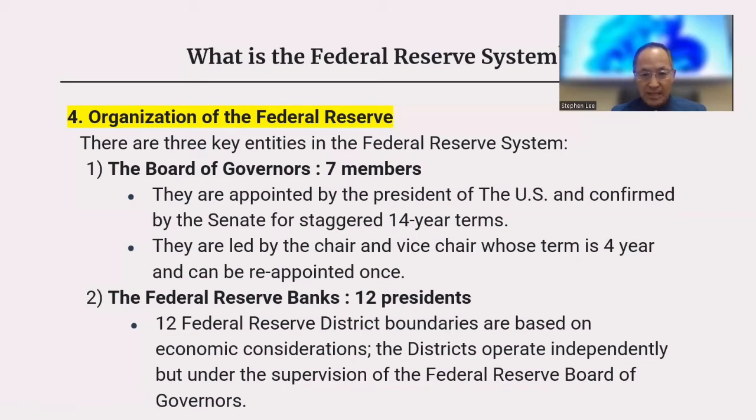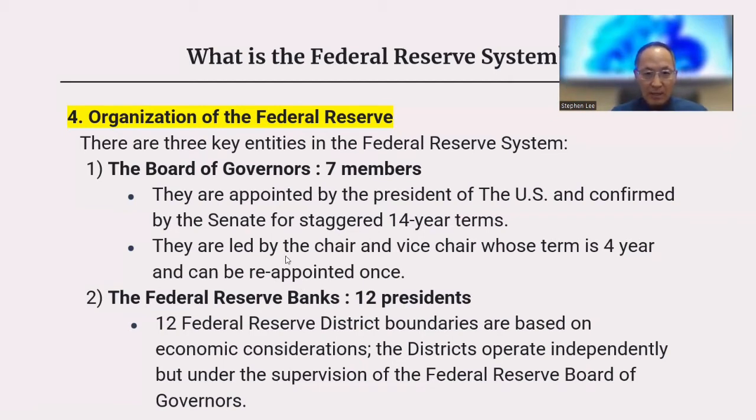A staggered 14-year term means it's changing, but not all the members change at the same time. So some members stay longer, some change, etc.